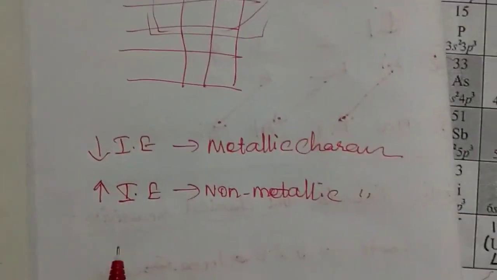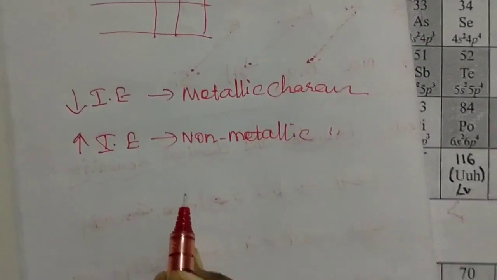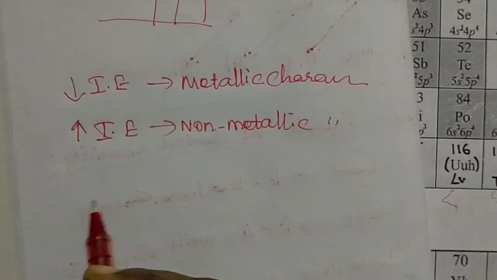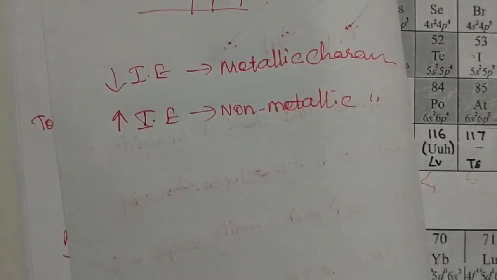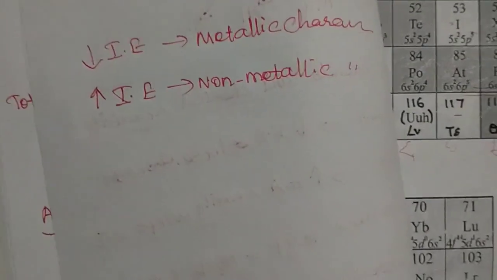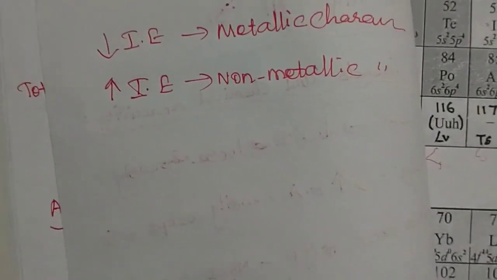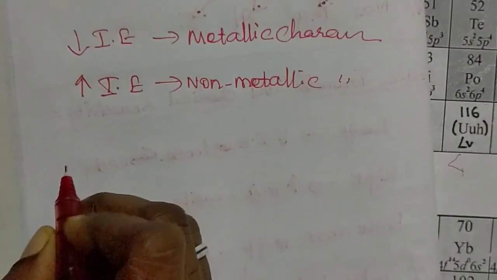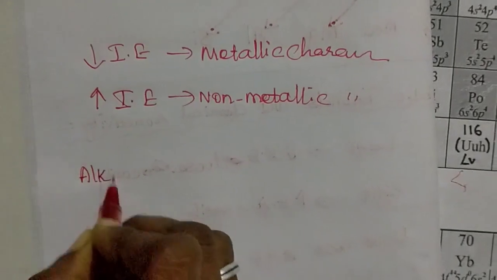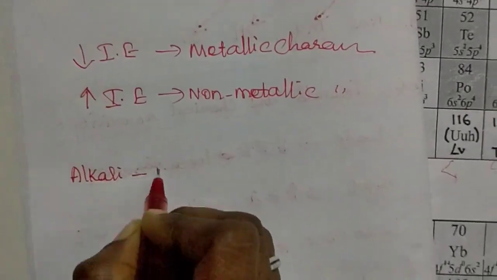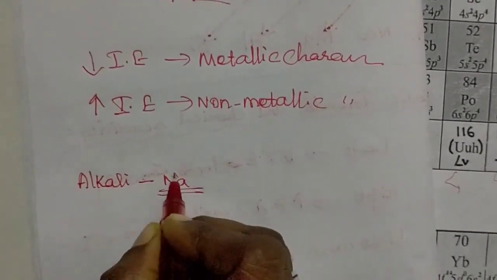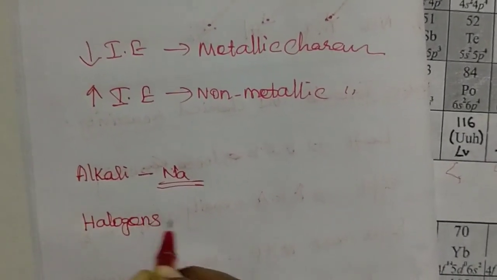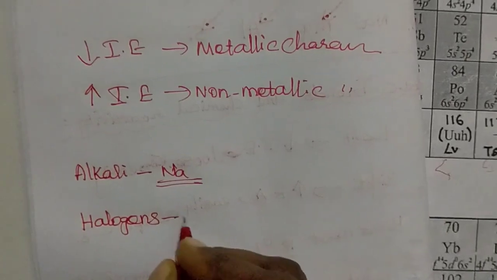Let us see examples from the left side and the right side of the modern periodic table. From the left side we take alkali metals, for example sodium, and from the right side we take halogens, for example chlorine.